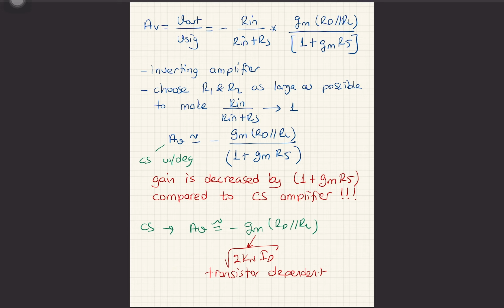But when you use a degeneration resistance, if you choose this term much larger than 1, then this part will be negligible, and these Gms are going to cancel. And because of that, the overall gain can be written as RD in parallel with RL divided by Rs, which is transistor independent.